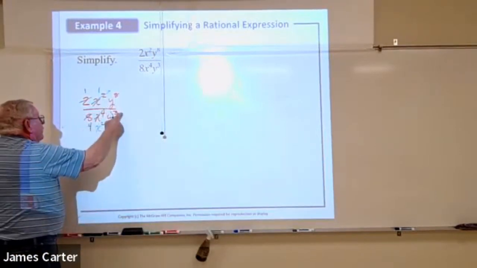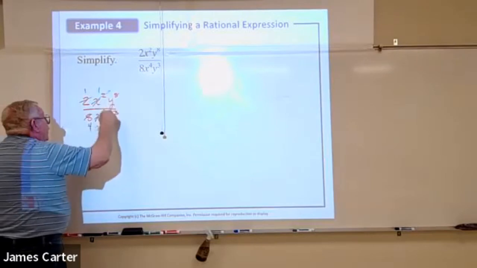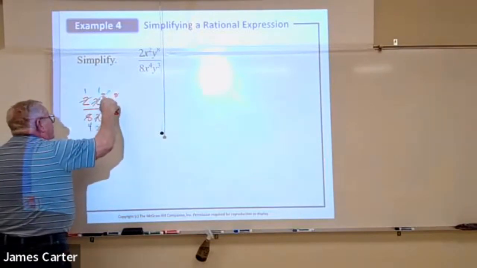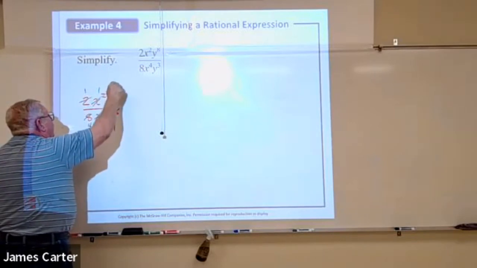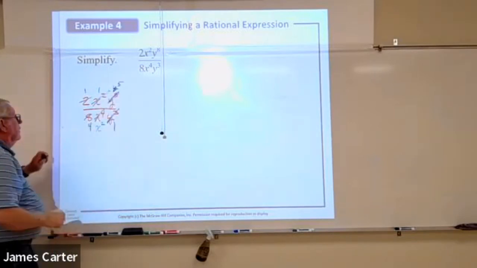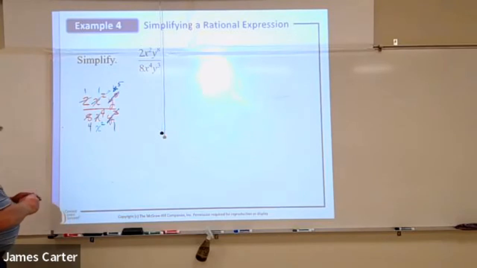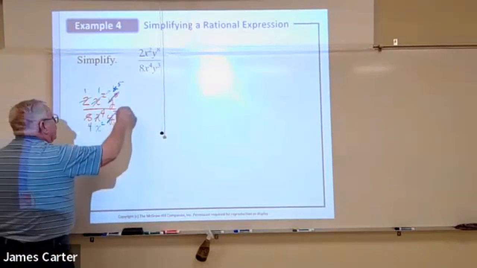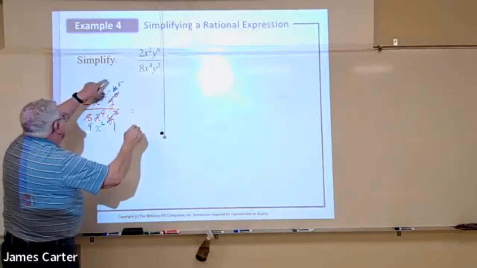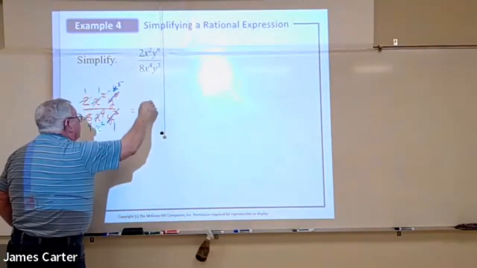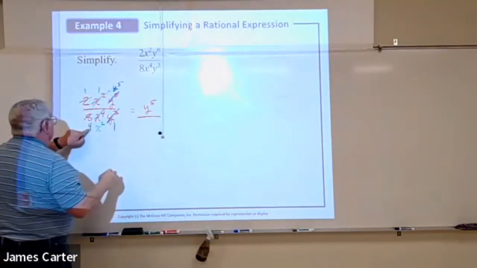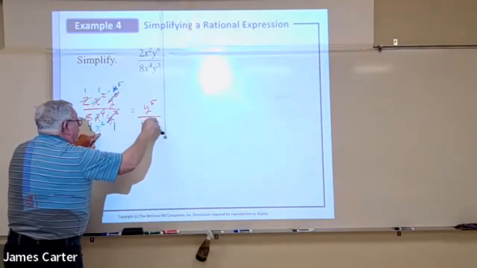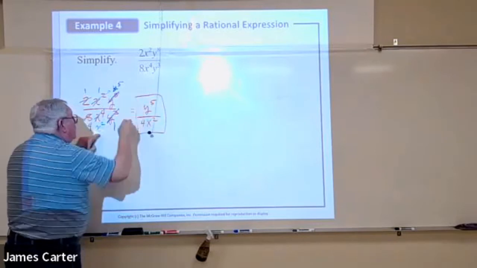I've got 8 of them here, 3 of them here. All 3 of these go away, and that uses up 3 of these, so I've got y to the 5th. So what do I end up with in this problem? I have 1 times 1 times y to the 5th over 4 times x squared. Done.